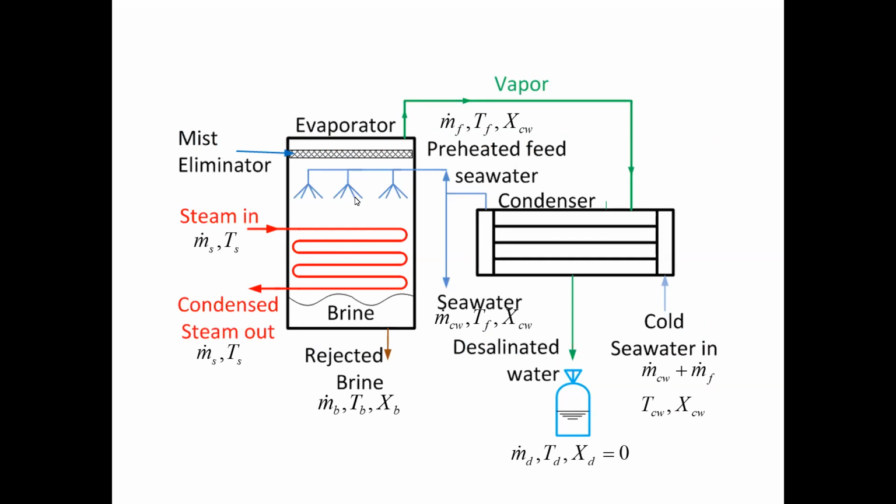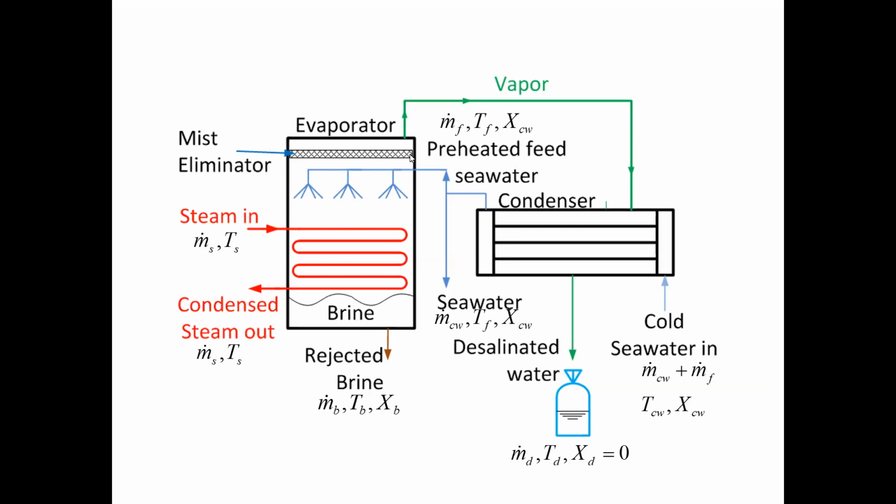The seawater is sprayed outside to make a thin film on the outside surface of the tubes. This thin film of seawater is going to be heated to saturation temperature, and then part of it will evaporate, and the rest will be rejected as brine. It's collected at the brine pool at the bottom and then rejected as brine.